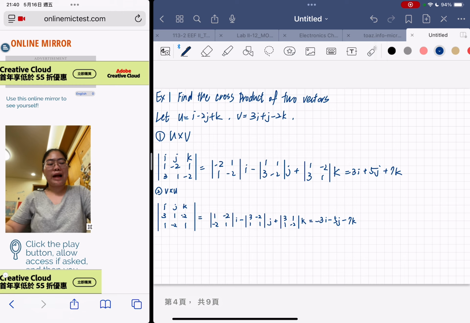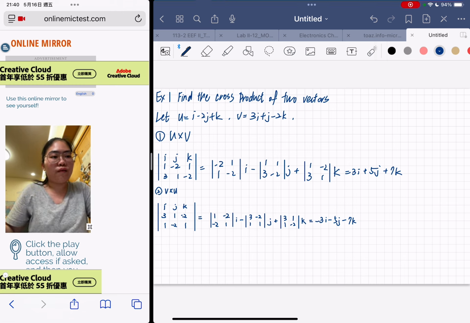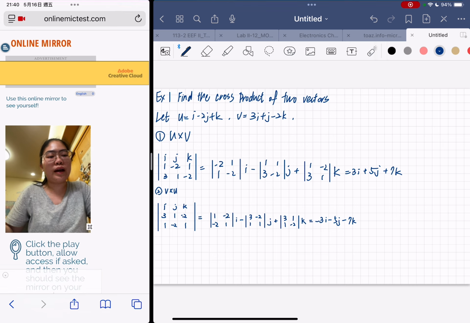And let's look at one example. Example 1, find the cross product of two vectors. Let U = i − 2j + k and V = 3i + j − 2k.